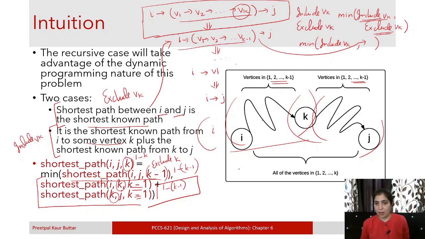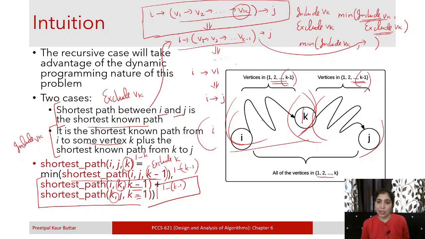Similarly, here also the intermediate vertices are from 1 to k minus 1. Overall, when you consider this problem as a whole, you are considering the vertices from 1 to k. Why? Because this subproblem consists of paths till k minus 1, and similarly this also consists of the vertices till k minus 1.